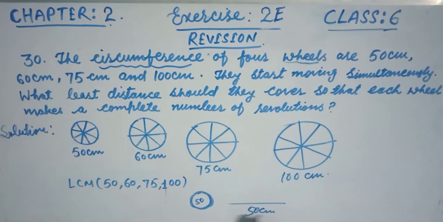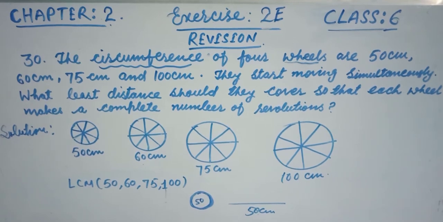One time. In the second revolution, 2 multiplied by 50 centimeter. In the third, 3 multiplied by 50 centimeter, and so on. Similarly for the 60 centimeter circumference of this wheel, the 75 centimeter circumference of this wheel, and the 100 centimeter circumference of this wheel. That means what is the least number at which all the wheels complete a whole revolution?